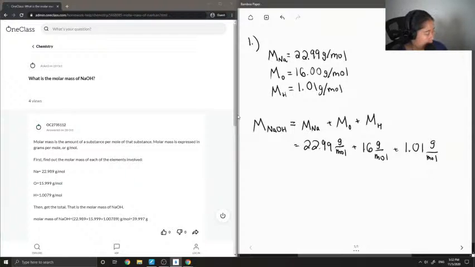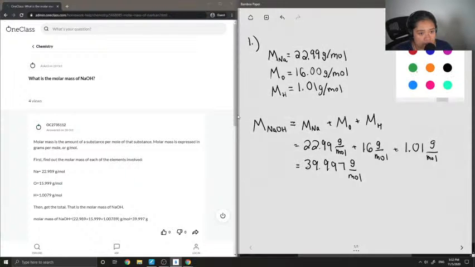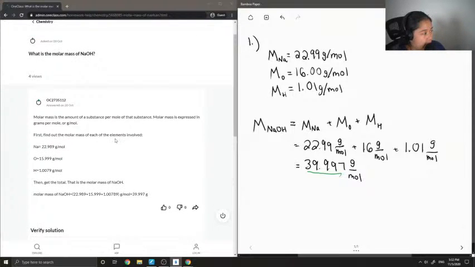Then if you add it all up, the sum of all these values is 39.997 grams per mole. So this is the molar mass of sodium hydroxide. So let's see the answer from our junior tutor.